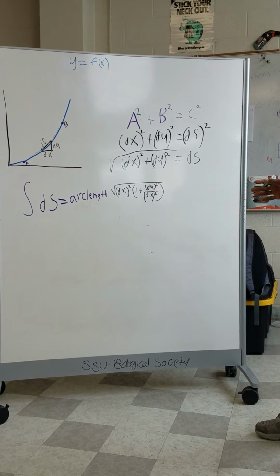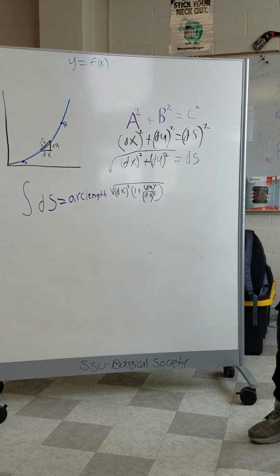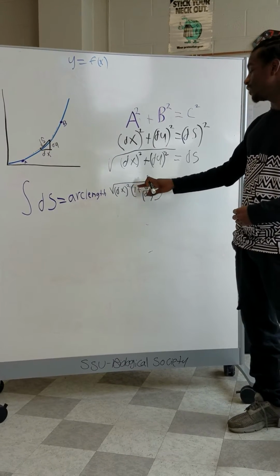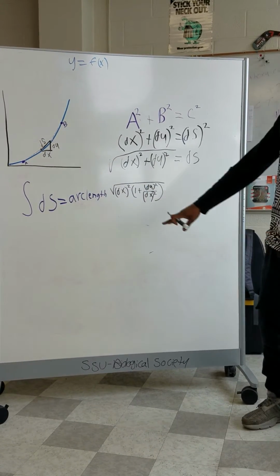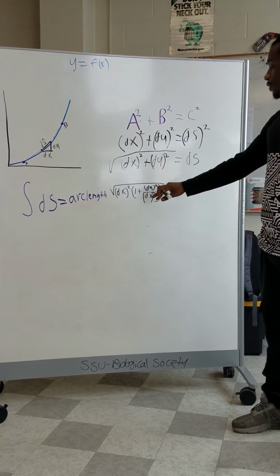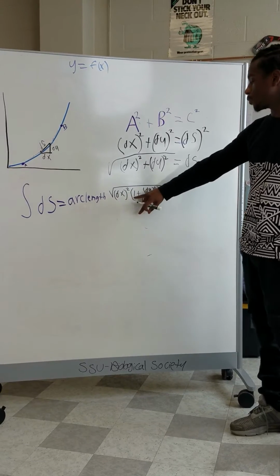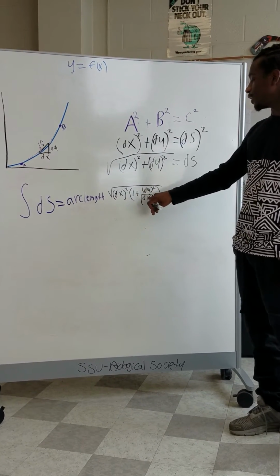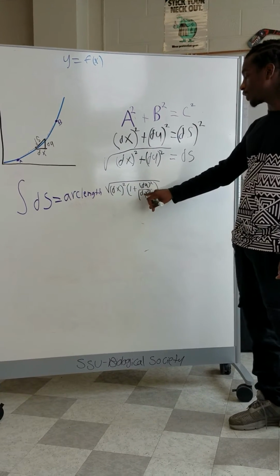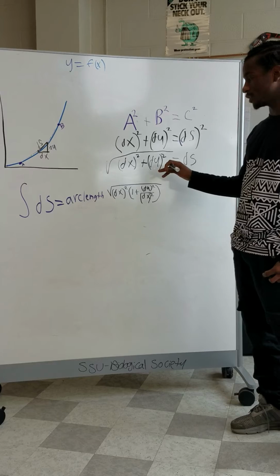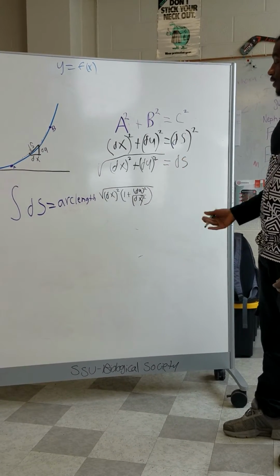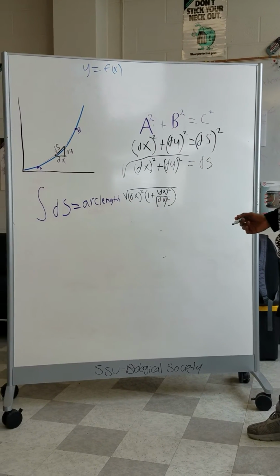Now we have something that is very familiar. We have a dx and we have a dy over dx. If you redistribute this dx squared into here, you can see that this dx squared will replace the 1, and the dx squared will cancel out with the dx squared, leaving us with dy squared. So that's what I meant by there's an inherent dx squared within the dy squared.